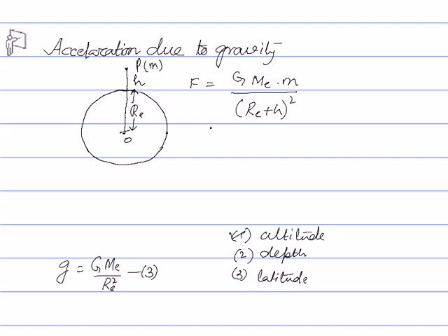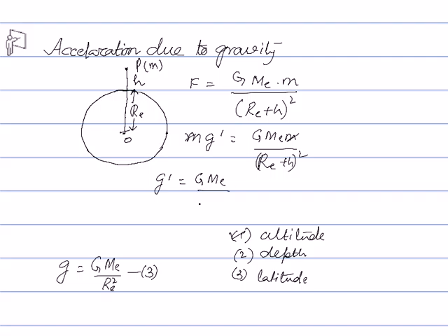Let g dash be the acceleration, then m into g dash equals G M_e m by (R_E plus h) whole squared. The m cancels out, so g dash equals G M_e by (R_E plus h) squared.